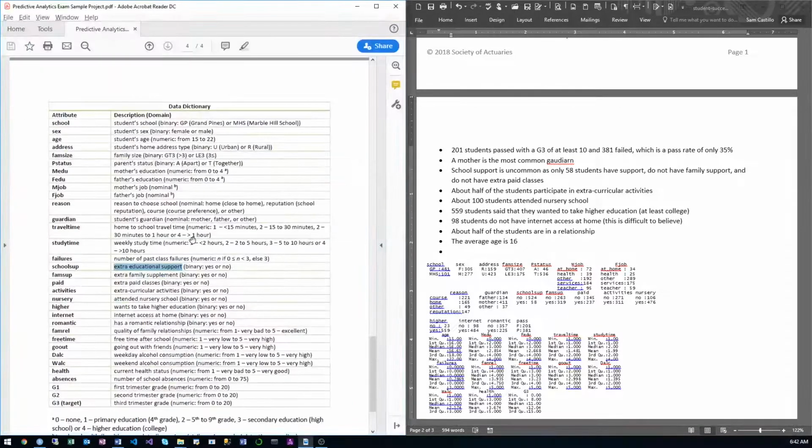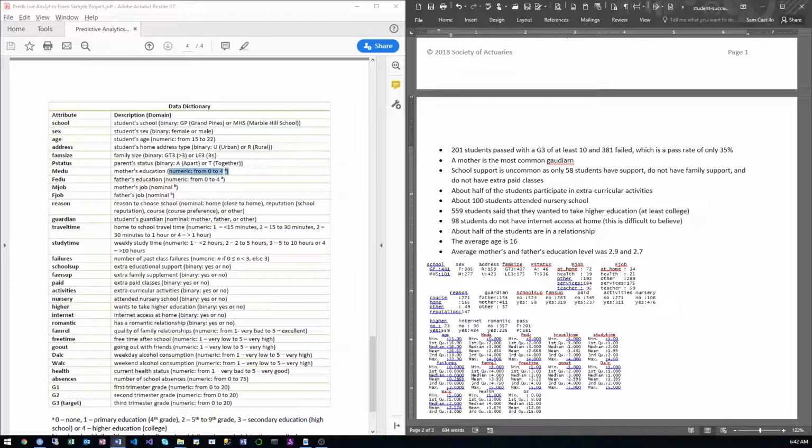MEDU. MEDU is the mother's education from 0 to 4. Okay, so the average mothers and fathers education level was 2.85, 2.9, and 2.7.